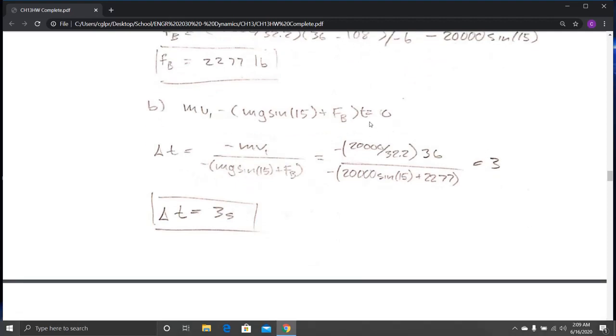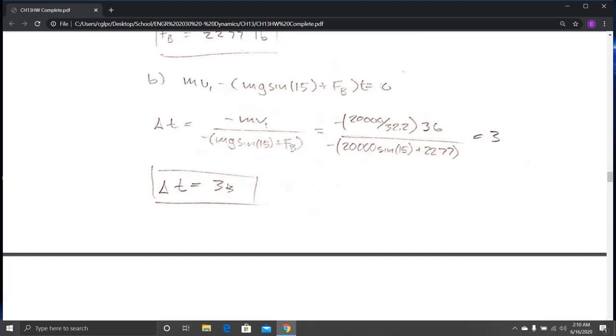T in this case is going to be the additional time, because I'm using V1 here instead of V0, which ends up being 3 seconds.